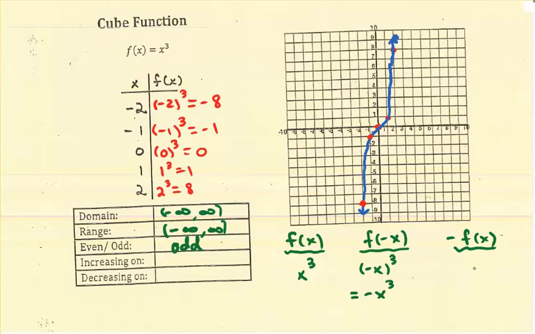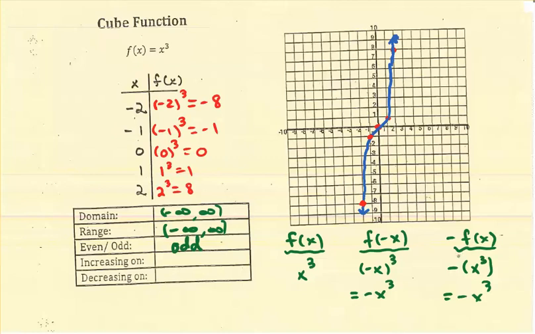Negative f of x tells us to take the original function, x cubed, and multiply it by -1. Of course, that simplifies to -x cubed. And you can see that f of negative x's expression is exactly equal to negative f of x's expression. In other words, negative x cubed is equal to negative x cubed. So since f of negative x equals negative f of x, this function would be an odd function. That would be the analytical way of showing that.